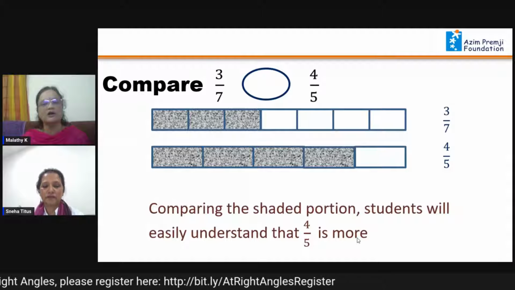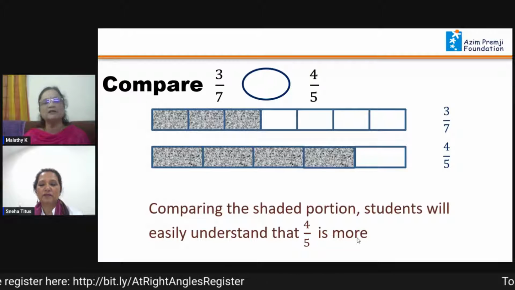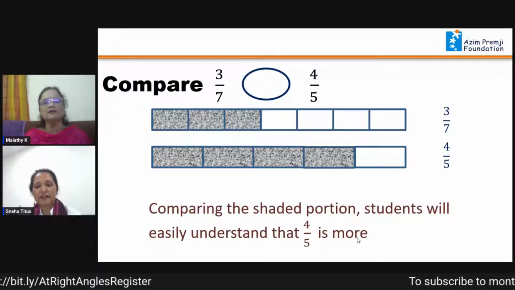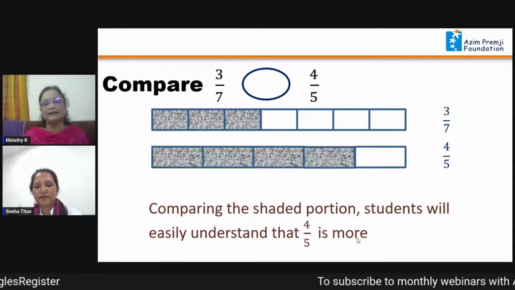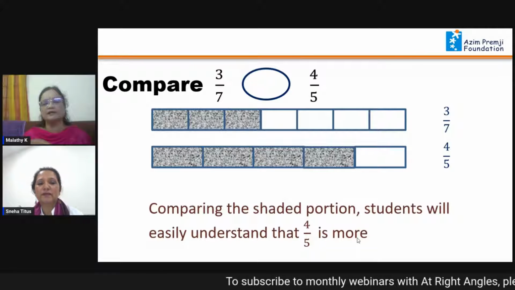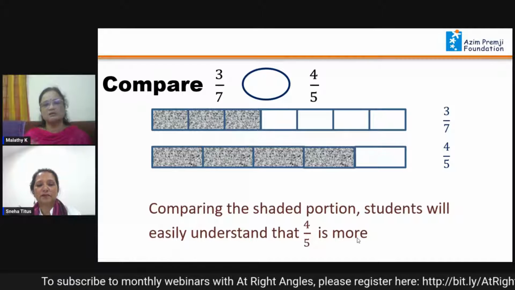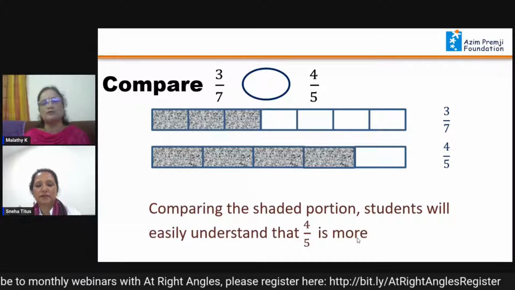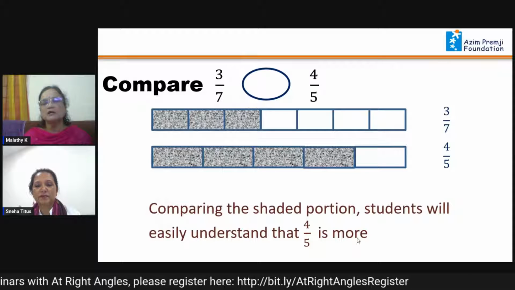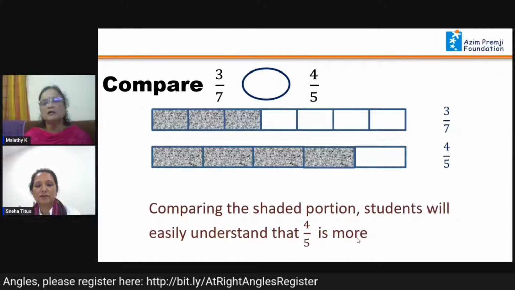So when I compare 3 by 7 and 4 by 5, they were able to identify the shaded part and compare that 4 by 5 is more. So 3 parts out of 7 and 4 parts out of 5, when they compare after shading or coloring, they were able to find it out.